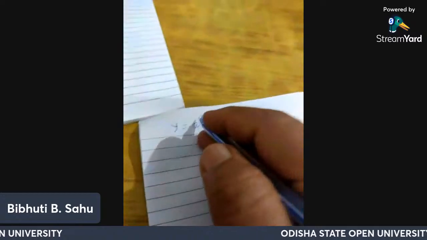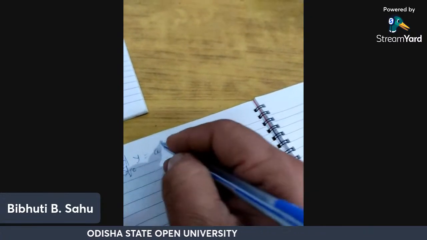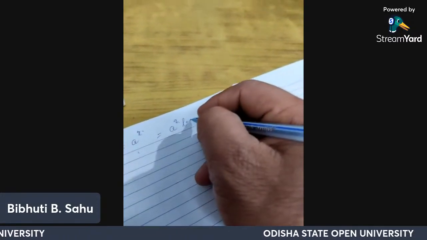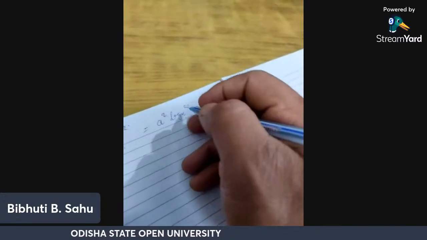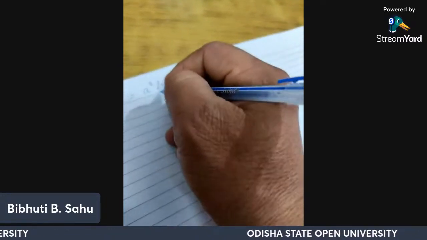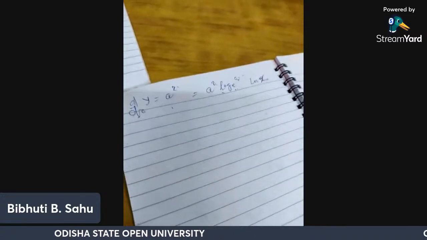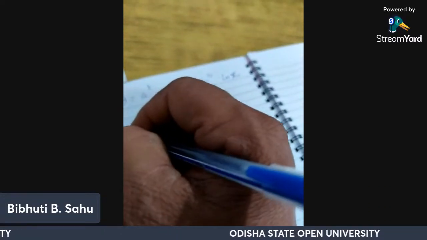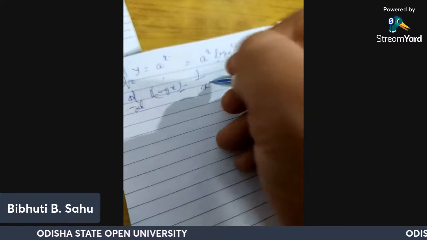Then dy by dx is equal to d dx of this, which can be written as a to the power x log e a. When the base is e, that is called the natural logarithm, and that is expressed as ln x. Again, d dx of log x is simply equal to 1 by x.